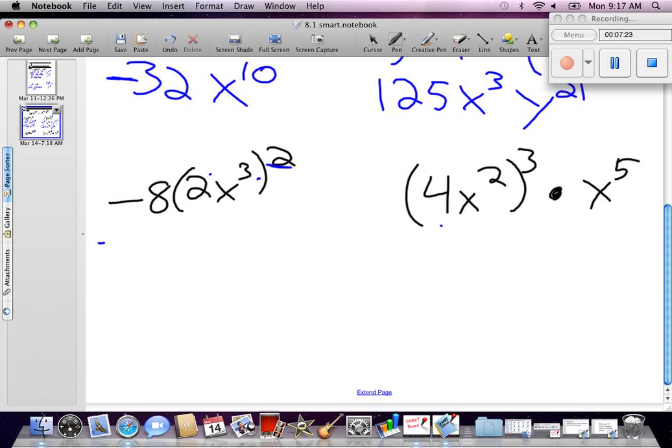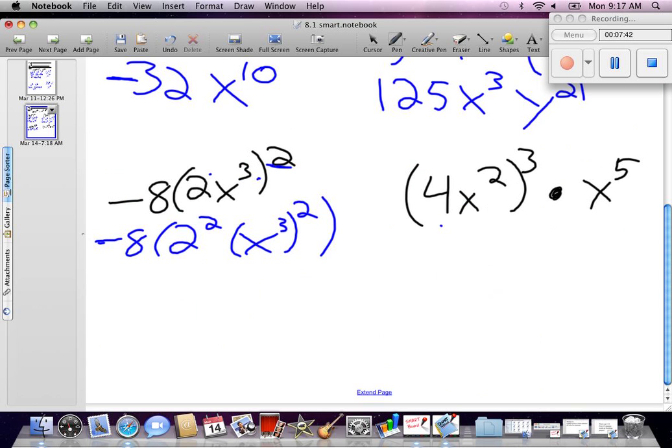I've got negative 8 times 2x to the third, and 2x to the third is raised to the 2, is squared. So I'm going to leave that negative 8 on the outside, and I'm going to do inside the parentheses first. So I've got 2 squared, x to the third squared. Do you see how it's kind of like the distributive property?